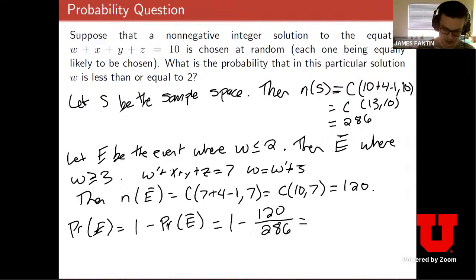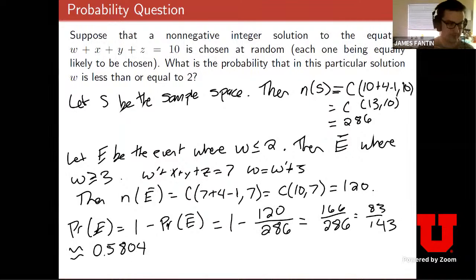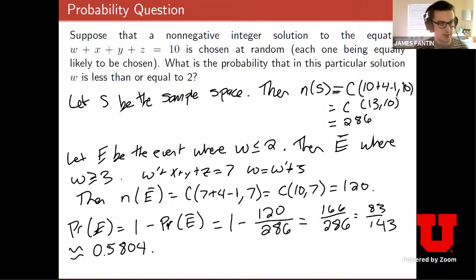So we'll have 166 over 286, or 83 over 143. Just in case you're wondering, this is approximately 0.5804. So any questions on this problem?